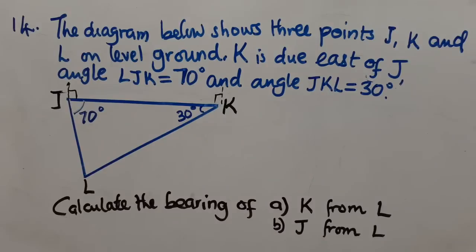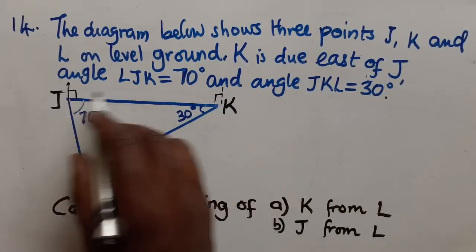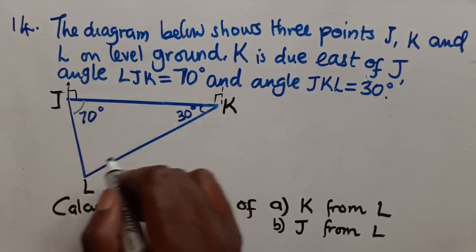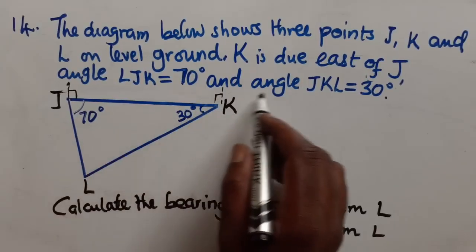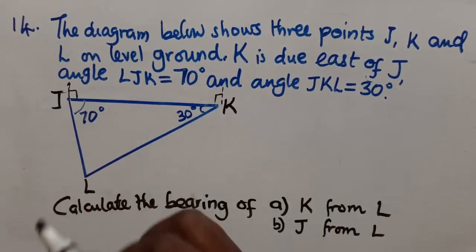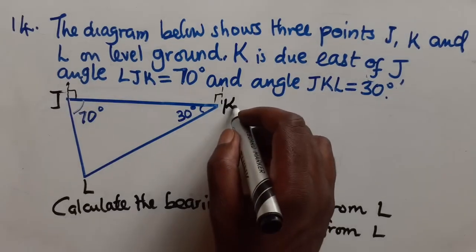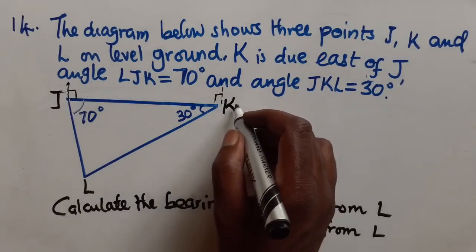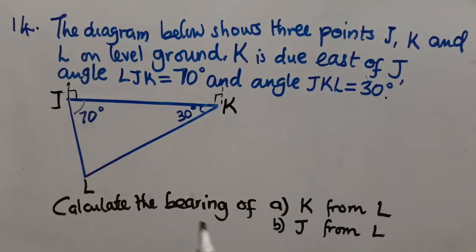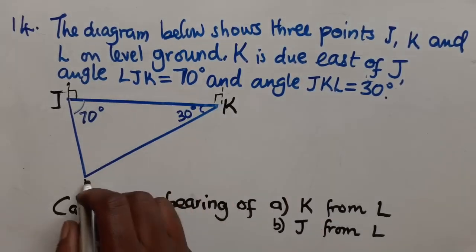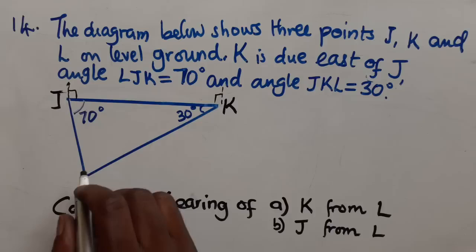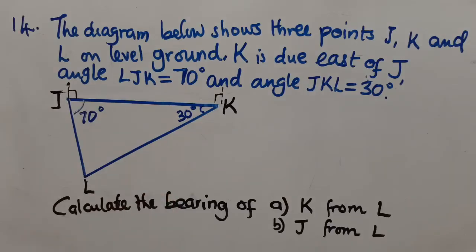Angle LJK is 70 and angle JKL is 30. Calculate the bearing of K from L. It's very important here that we get to know the bearing of K from L. So what are we supposed to do in this case?